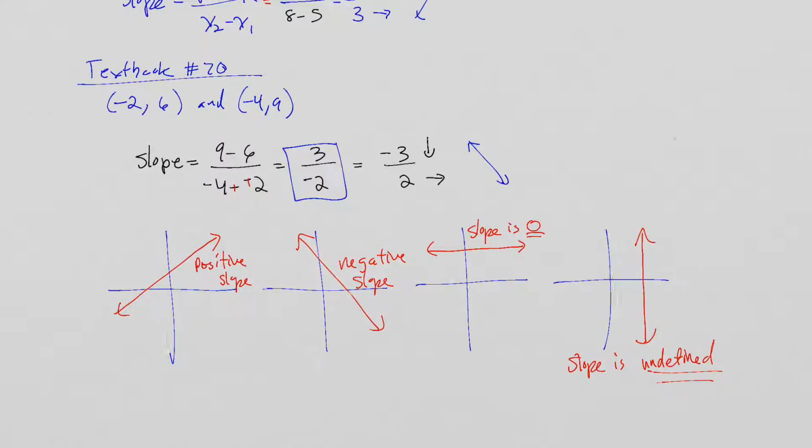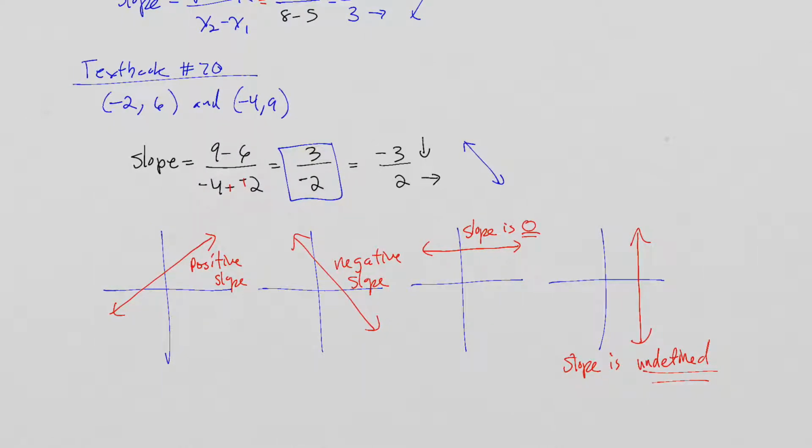Actually, we can relate these to some equations, and so basically this is going to look like y equals mx plus b, and this one is going to look like negative mx plus b.